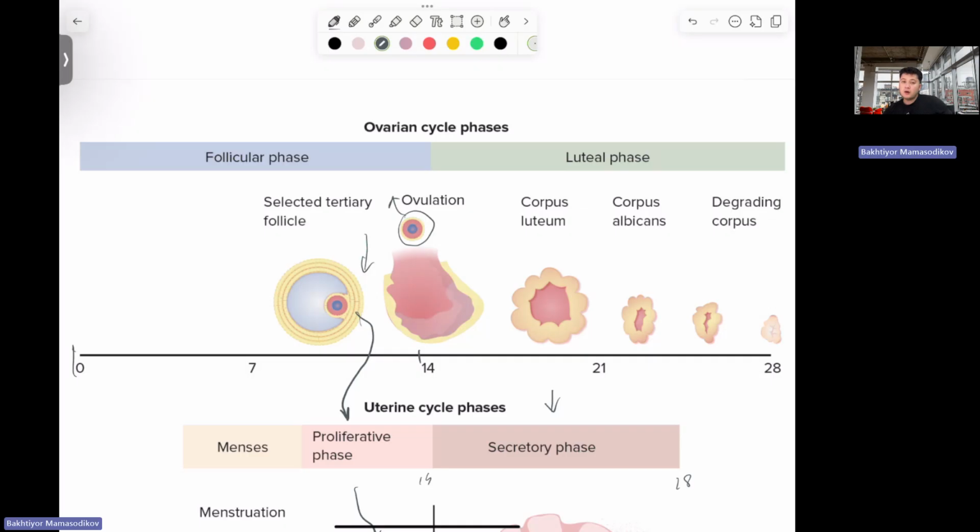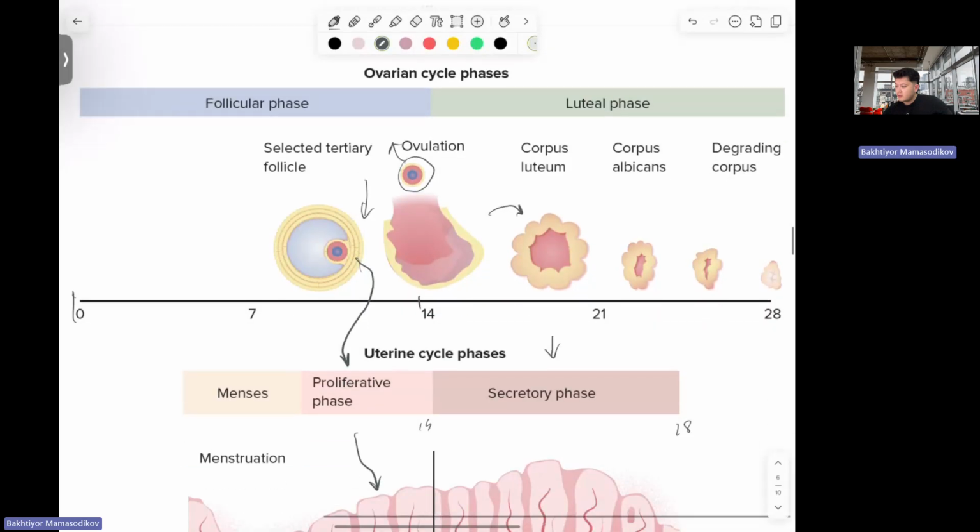The ovum gets outside to the fallopian tubes toward the sperm, if available. And then after day 14, what happens? The corpus luteum is formed. This is the corpus luteum. It secretes progesterone.